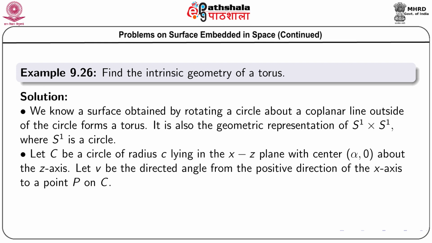Let v be the directed angle from the positive direction of the x axis to a point P on C. So, here the circle is rotated about the z axis and the circle itself is lying in the xz plane.